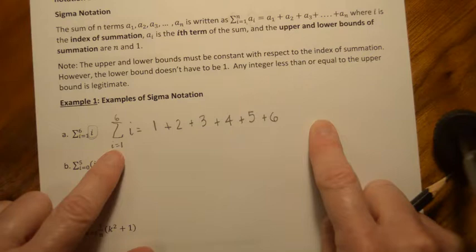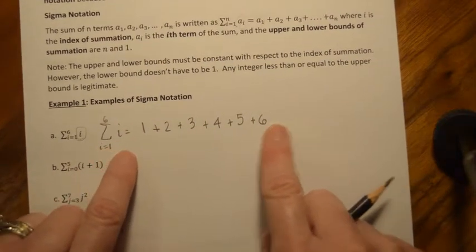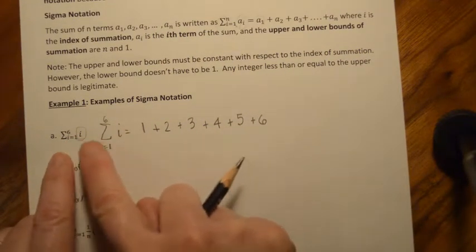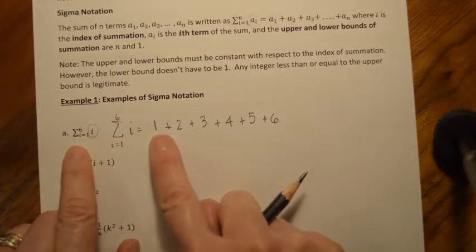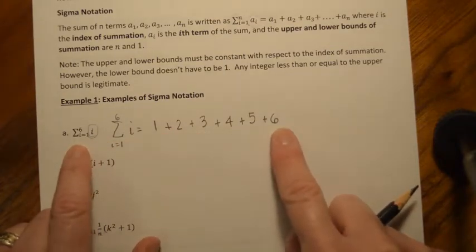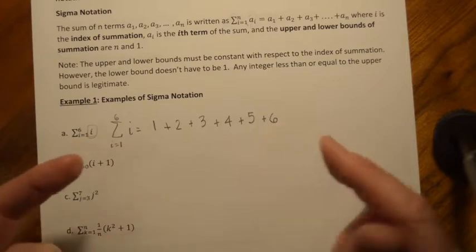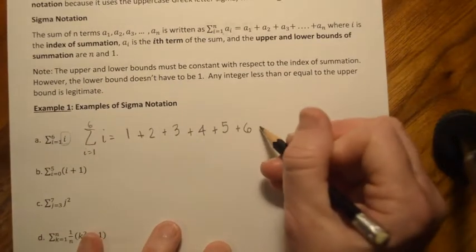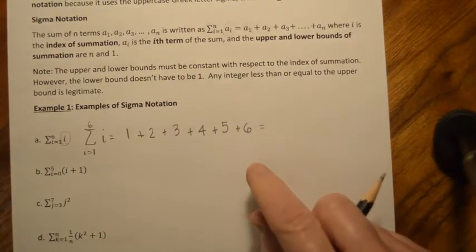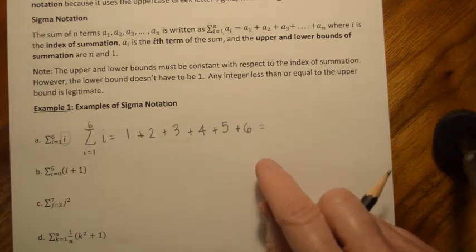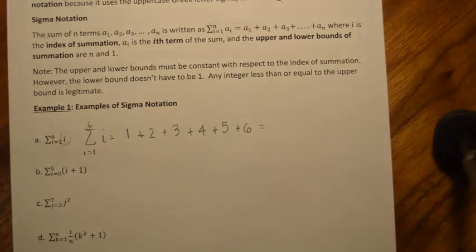All right, so there are 2 parts to this. One is that we could just say, this is what this means. It's just asking us to add up the numbers from 1 through 6. And the second part would be, what is the sum? That is going to come more in a little bit. But since this one's easy enough, let me just do this one.